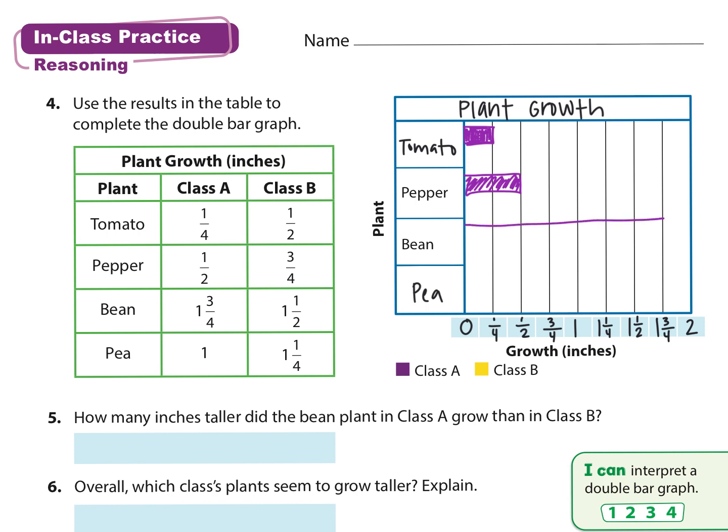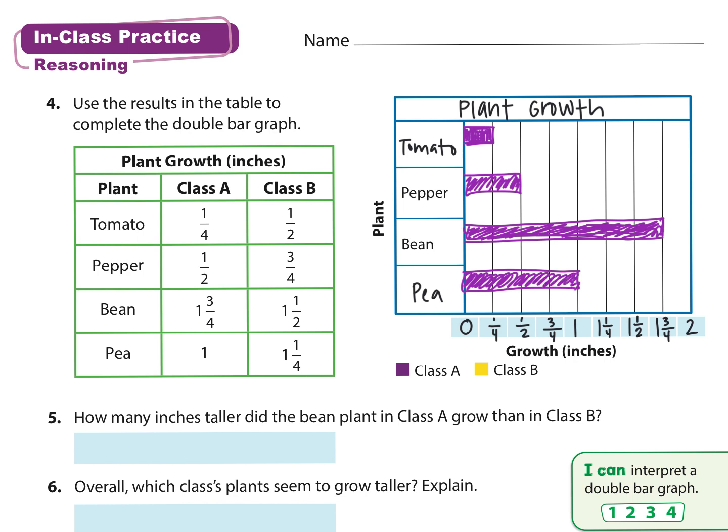Yep, 1 3/4. Do we have to use different colors on this one too? You're probably going to want to shade and then not shade one. And then a pea? 1. Only 1. So there's all of my Class A data.